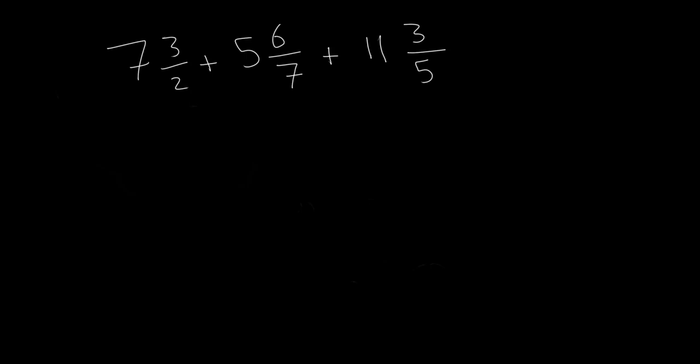So, again, let's first deal with the whole numbers, 7, 5, and 11. 7 plus 11 plus 5. So let's see if I can do this in my head. 11 plus 7 is 18, plus 5 is 23. So that takes care of the whole numbers.